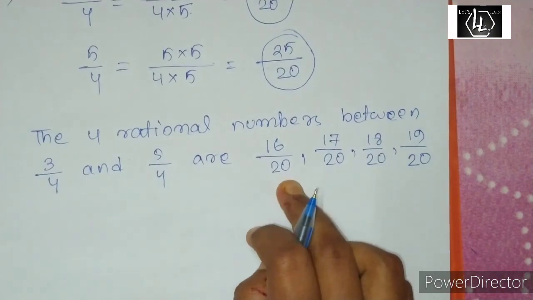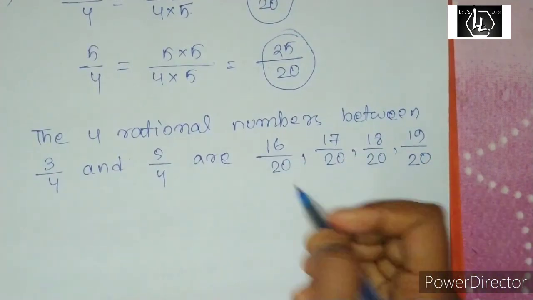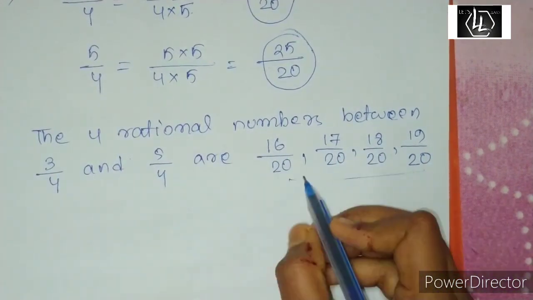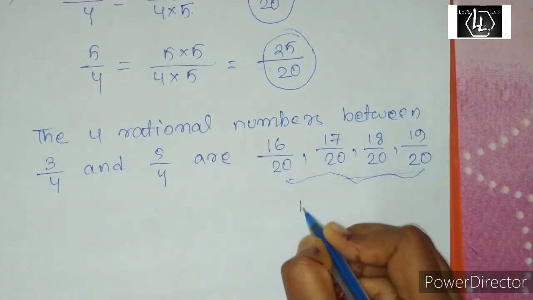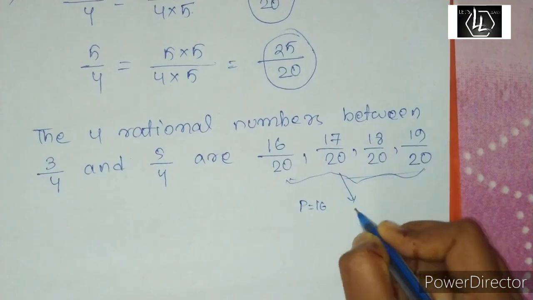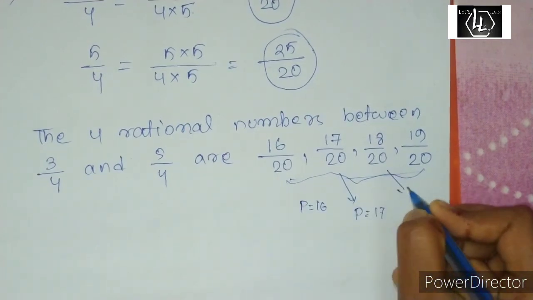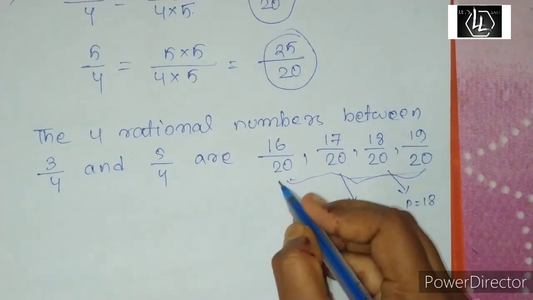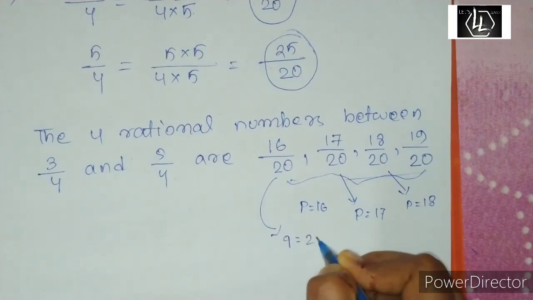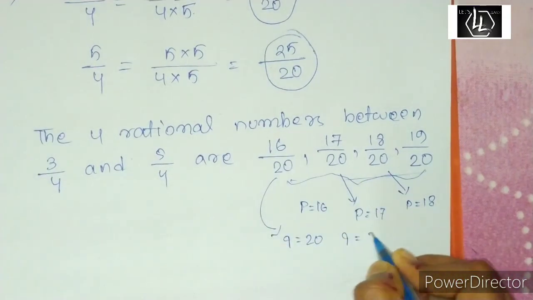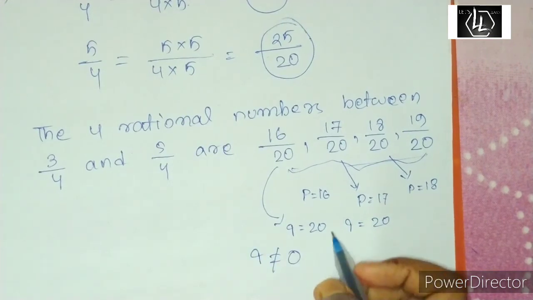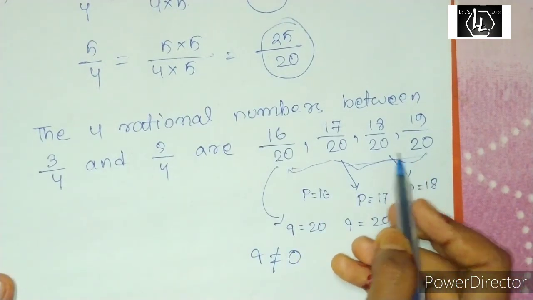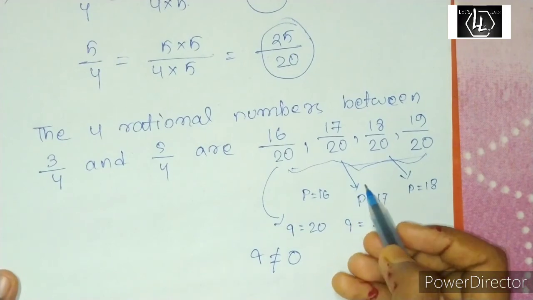See, there are 4 numbers, 1, 2, 3, 4, and they are all rational numbers, as here p is 16, here p is 17, here p is 18, and here q is 20 for all, and q not equal to 0. So these are all rational numbers.